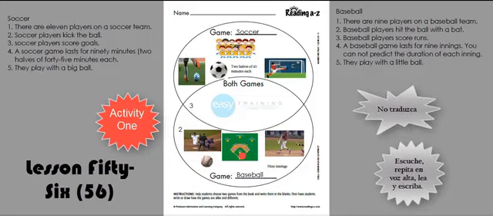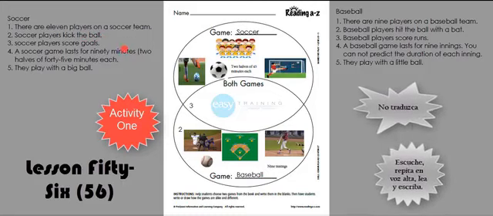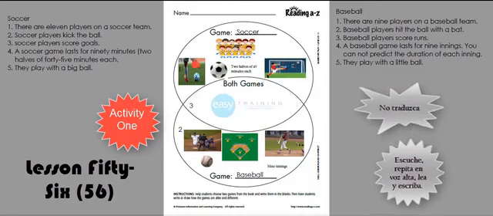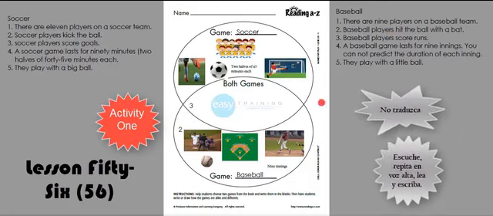Difference number 2. Soccer players kick the ball. In this picture, you can see a soccer player is kicking the ball. Baseball players hit the ball with a bat. Look.